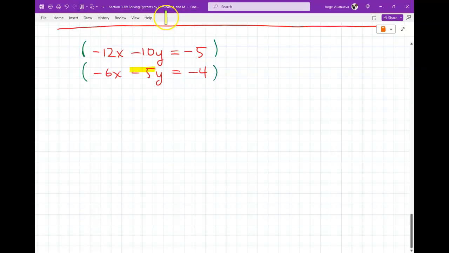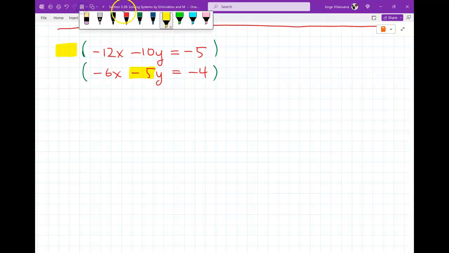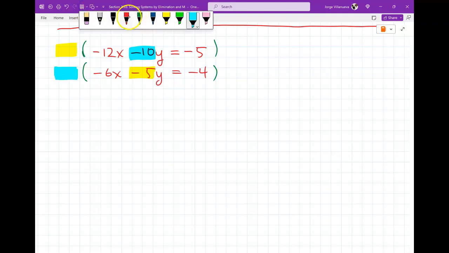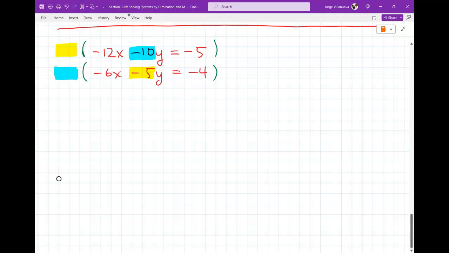I'm going to get the minus 5, and I'm going to put it over here. And then I'm going to get the minus 10, and I'm going to put it right here. I'm hoping we can finish because something interesting happens with this one. So minus 5 goes here, minus 10 goes there. All right, let's multiply. Negative 5 times negative 12, that's a positive 60x.